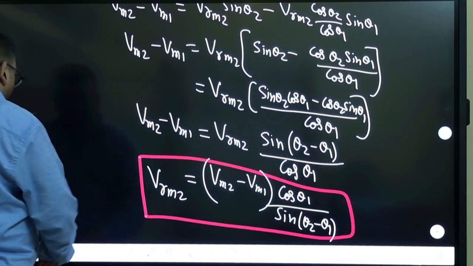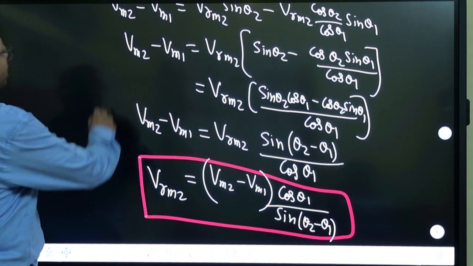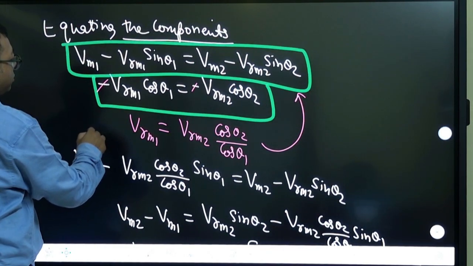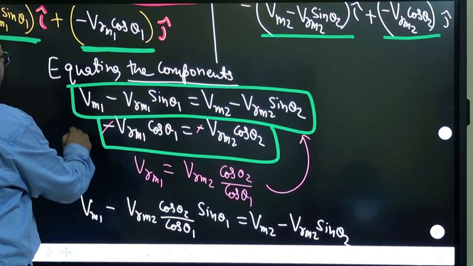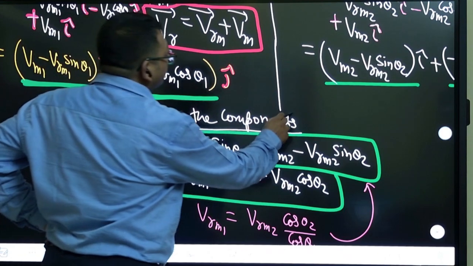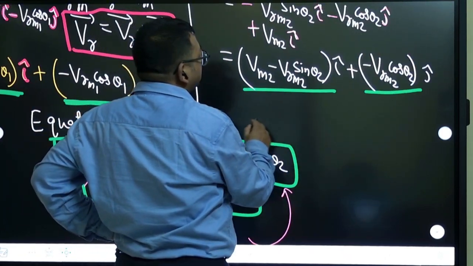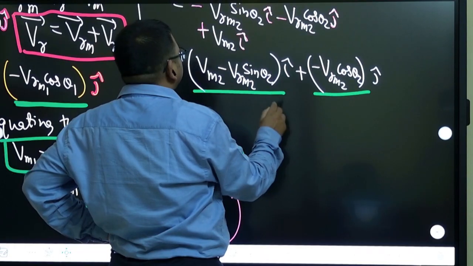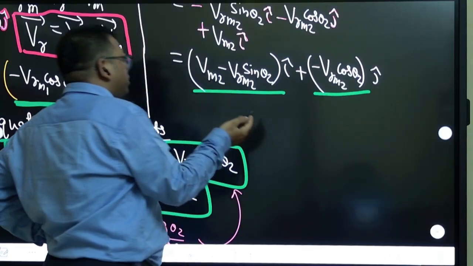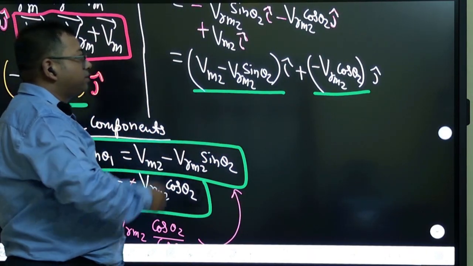So how do we calculate Vrain? Vrm2 we have calculated, no? Here we can substitute and calculate now, because this is the velocity of rain. Correct?